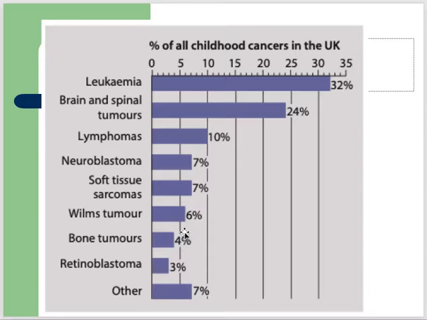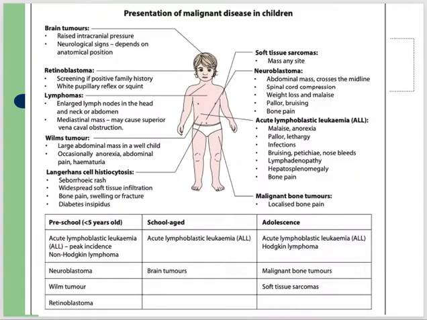What to decide in the treatment is not your domain; rather, it is a specialist domain, and they decide according to the cancer and the staging. In this slide, presentation of a malignant disease in children, they divide the cancers into three categories: preschool, school aged, and adolescents.